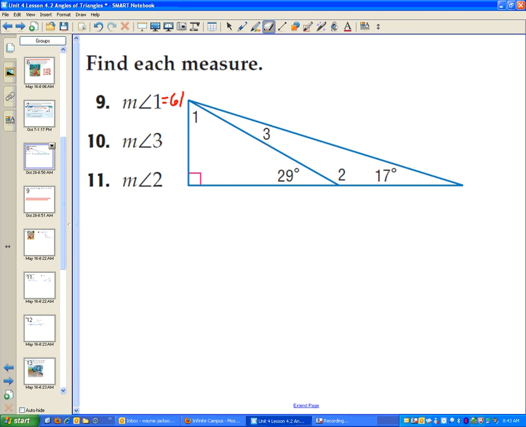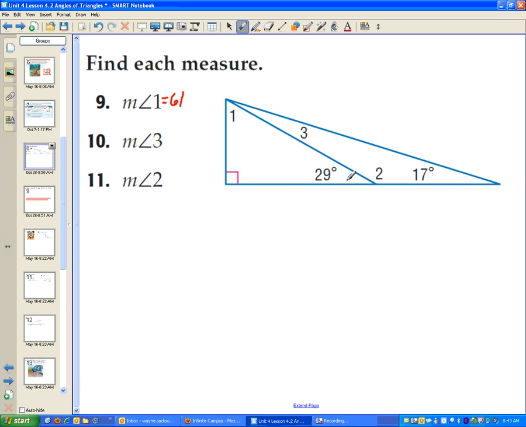Okay, I think I want to get the measure of angle 2 next. That seems easier to me. What's the measure of angle 2? Yeah. How'd you get that? Yeah, these 2 angles right here form a linear pair. They're supplementary. Okay?